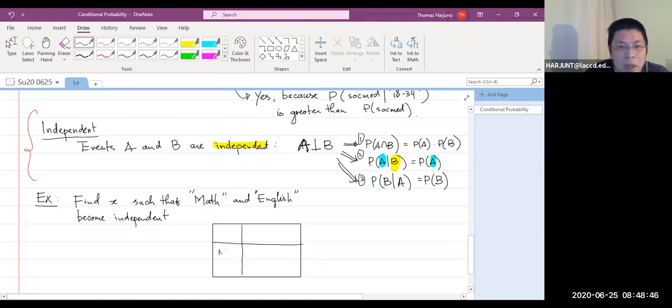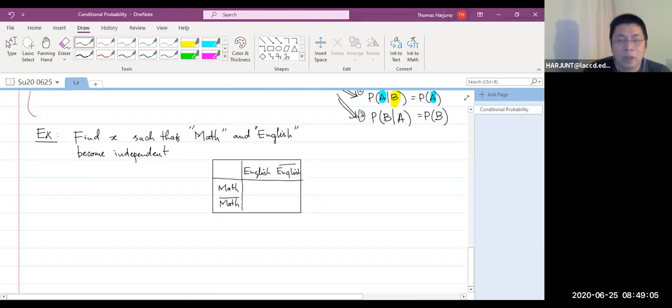So: taking math, not taking math, taking English, not taking English. Let's say there are 60 here, 40 here, a total of 100.